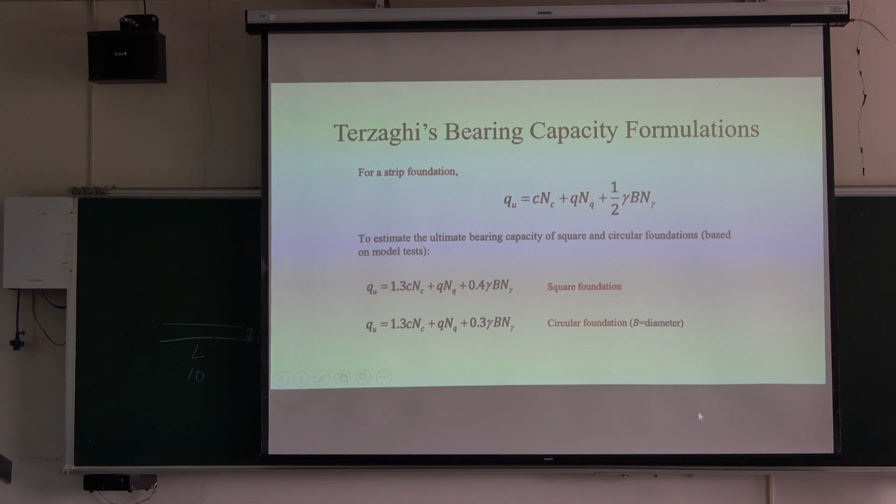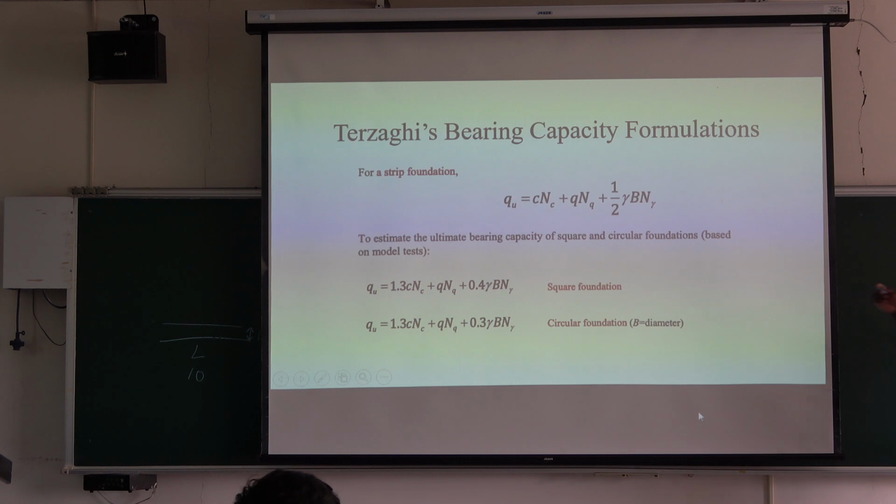So let's say for soil 1, gamma is gamma 1, and for soil 2, gamma is gamma 2. So Q equals gamma 1 multiplied by the depth from here to here, let's say d1, plus gamma 2 multiplied by d2. So you can easily find the Q.